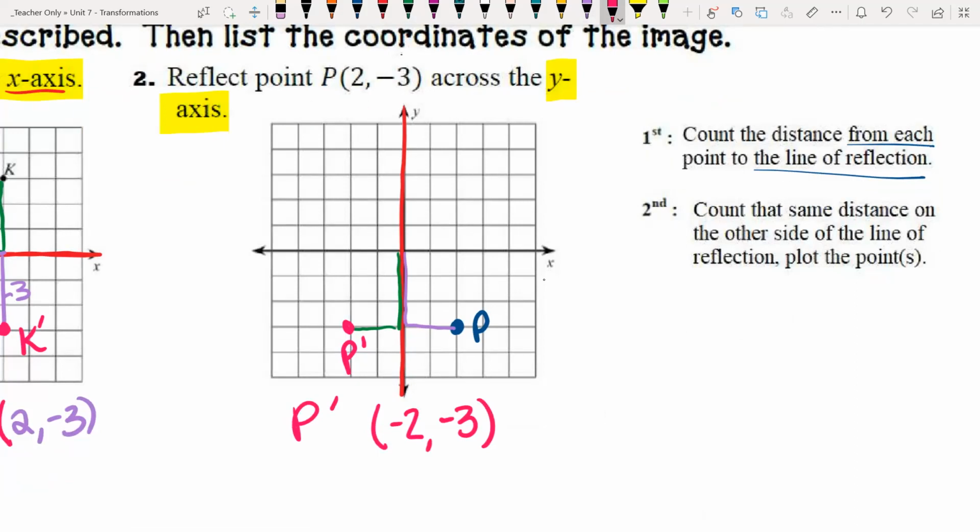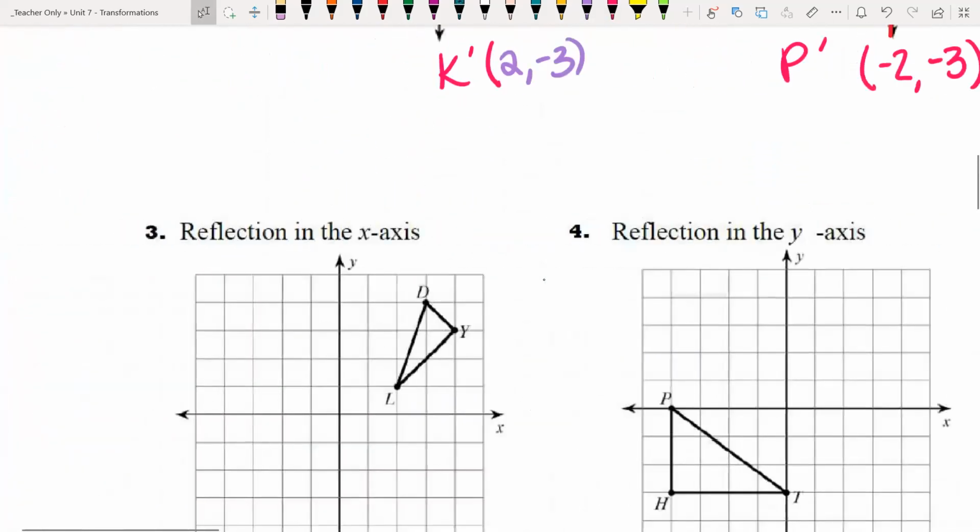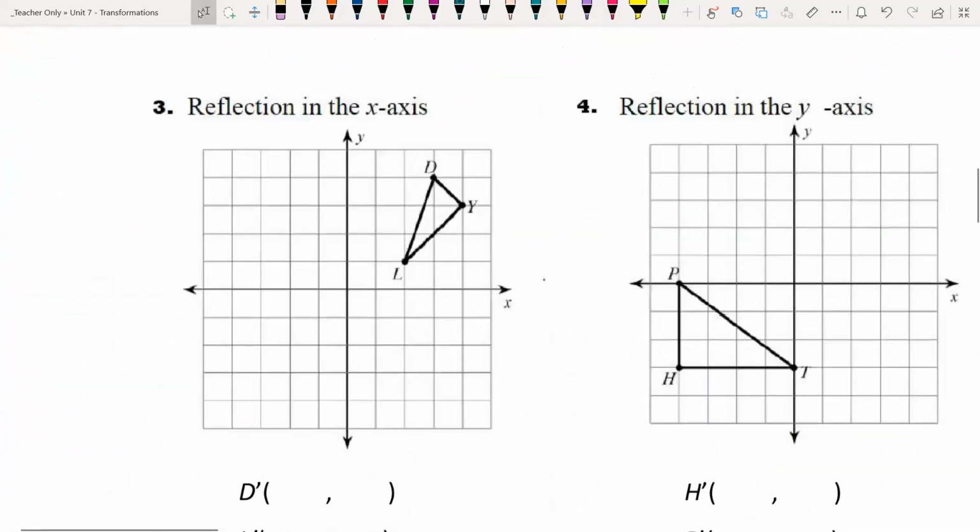Okay? So we're going to keep on doing the same thing. We're going to do across the x-axis. The x-axis is here. This point L is 2 over, 1 up. So I'm going to do the opposite. I'm going to go 2 over, but down 1. So there's my L apostrophe.